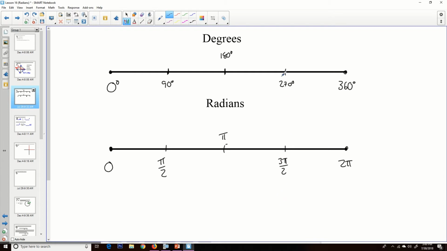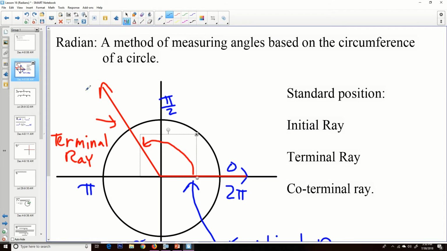But clearly 270 degrees and 3 pi over 2 radians are also equal. And as one more instance, going back to that original graph, a semicircle is 180 degrees, and in terms of radians, it would be pi radians.